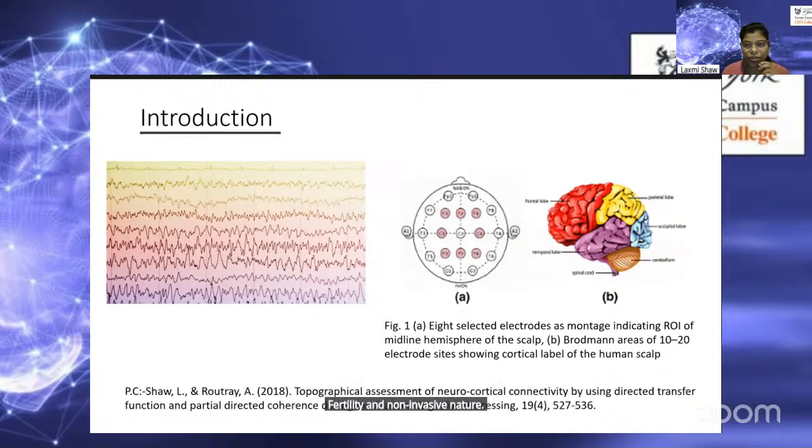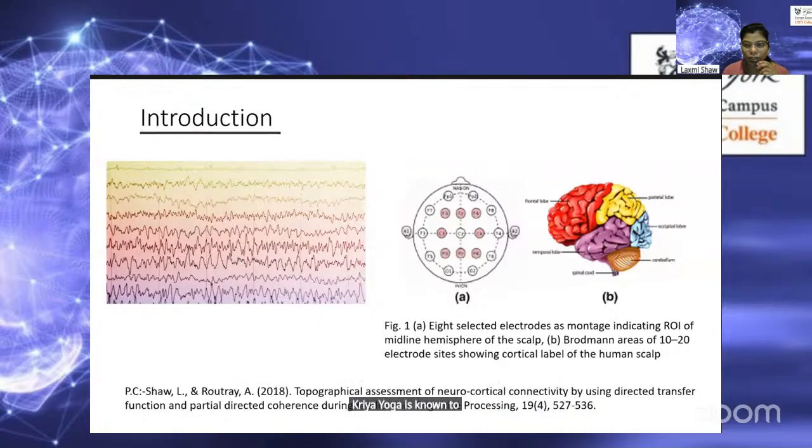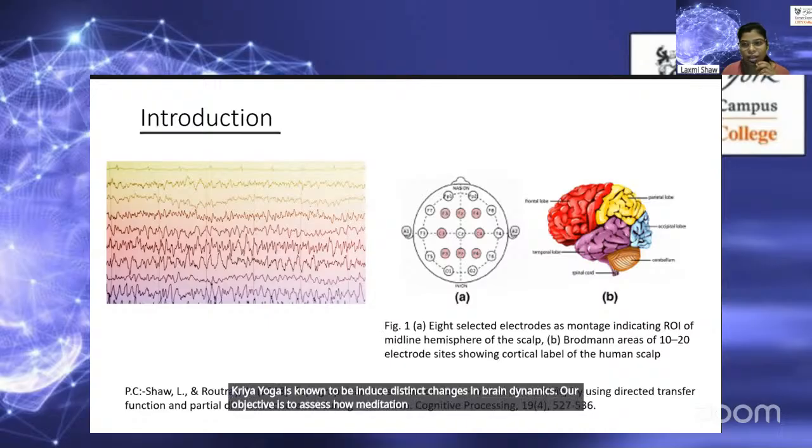Meditation, particularly here I'm talking about Indic meditation, that is Kriya Yoga, is known to induce distinct changes in brain dynamics. Our objective is to assess how meditation affects directed neural connectivity using directed transfer function and partial directed coherence as our primary measures.